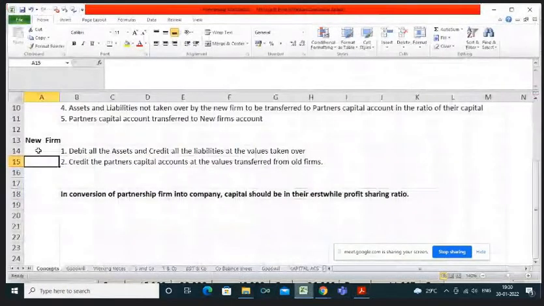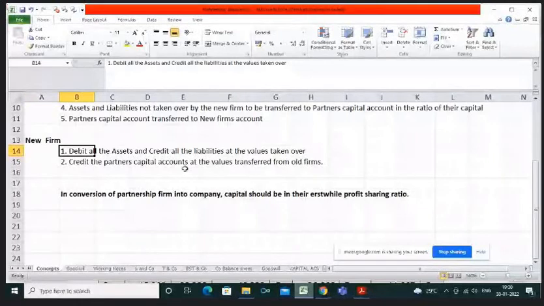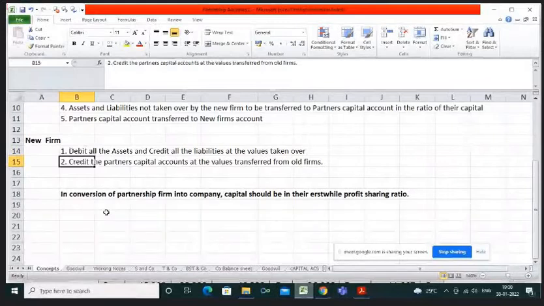In the concepts we have studied, debit all the assets and credit all the liabilities at the values taken over. Simple. And credit the partners' capital accounts at the values transferred from the old firms. So this is what we are going to do now.